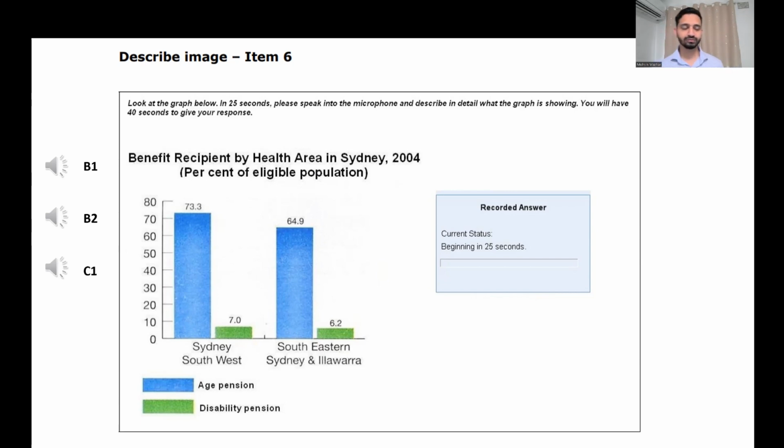Right. Good pronunciation, very organized, talks about the Sydney Southwest area first, and then the southeastern Sydney and Illawarra area, and talks about the age pension percentage as well as the disability pension percentage. I think it covers everything in a logical way.